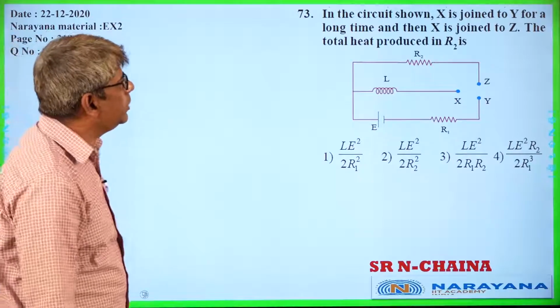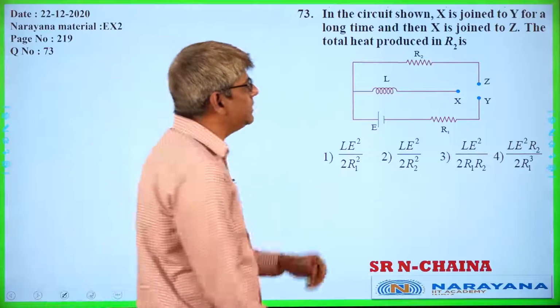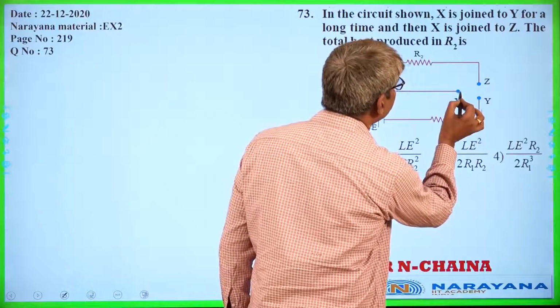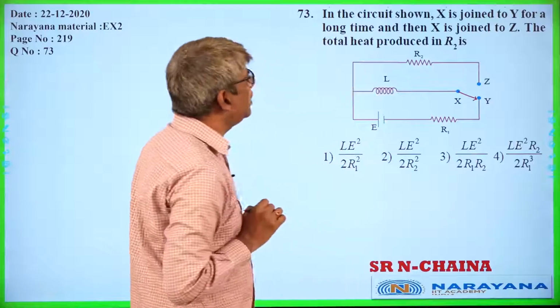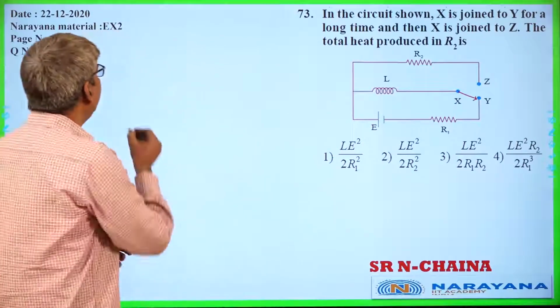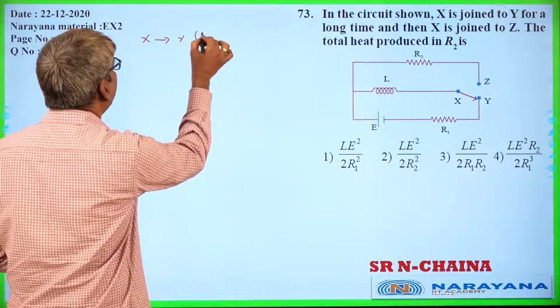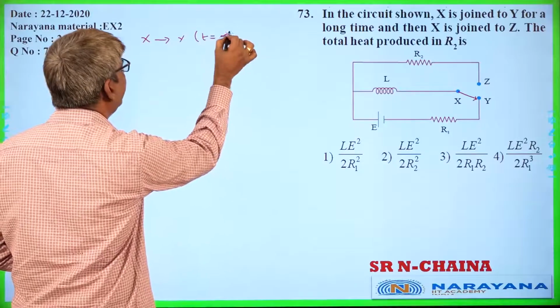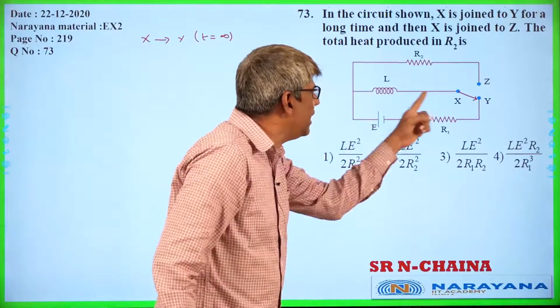Next, in the circuit shown, X is joined to Y like this. Initially, X to Y is connected for a long time, means t equal to infinity. See carefully, this is a closed loop, an LR circuit.